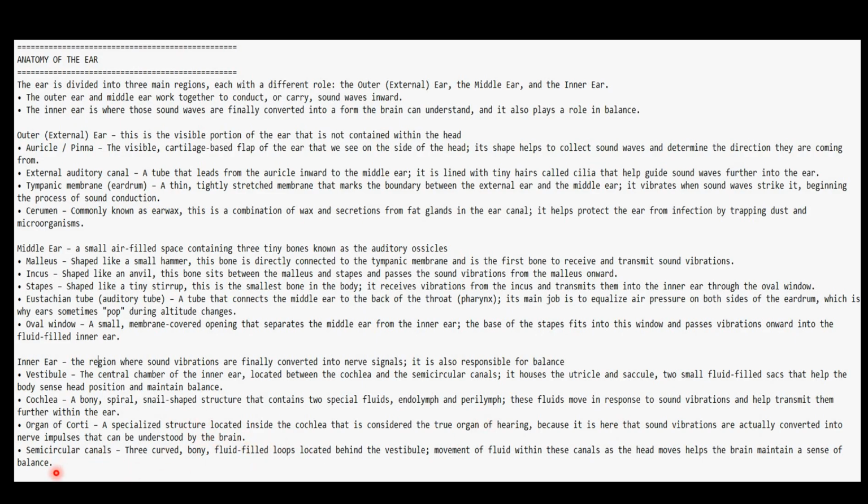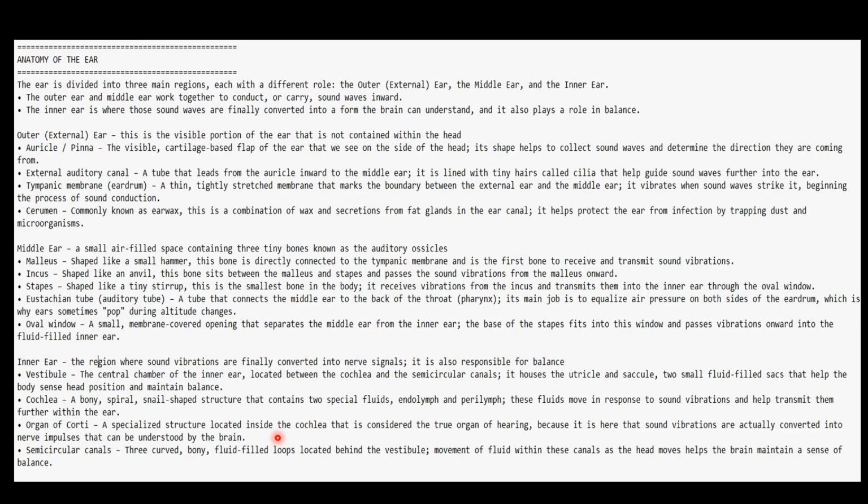Okay, and then we have the semicircular canals, which are three curved bony fluid-filled loops located behind the vestibule, and movement of fluid within these canals as the head moves helps the brain maintain a sense of balance. So it is responsible for balancing.